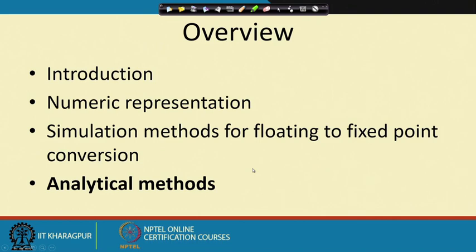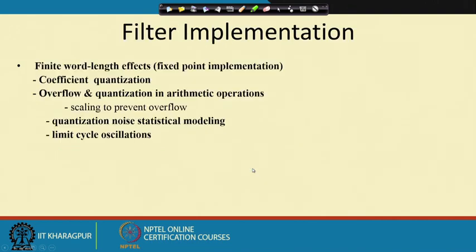Okay. So, we will take one example of how this floating point to fixed point conversion affects the implementation. For that, let us choose a filter implementation as an example. In a filter we have the coefficients, and the coefficient values are basically less than 1.